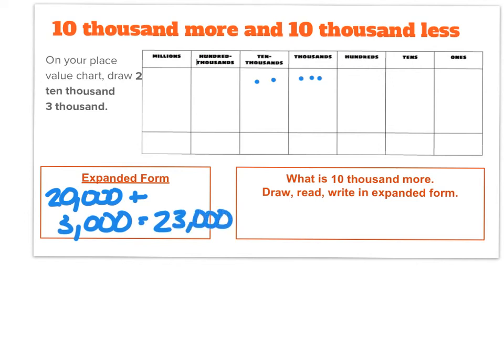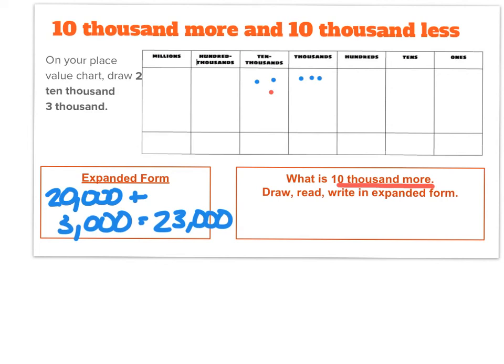Now my next question says, what is 10,000 more? So I need to add 10,000 more. There are two ways I could do it. I could add 10 dots to my thousands place, but I also know that every time I have 10 thousands, that's the same as 1 10,000. So I'm just going to add one dot there. And I'm supposed to now draw, read, and write in expanded form.